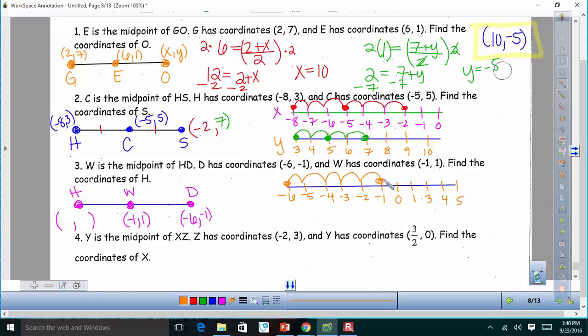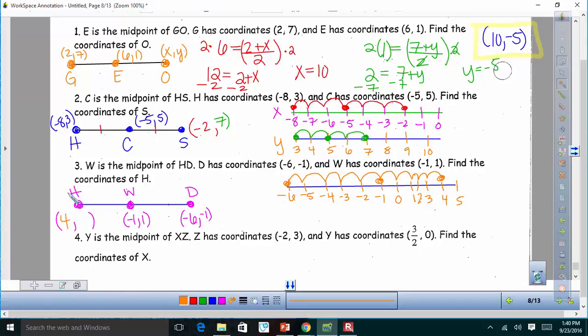Okay, so then if we hopped 5 from negative 1, where would we land? We went from negative 6 to negative 1: 1, 2, 3, 4, 5. Then from negative 1, we still have to go 5, right? So 1, 2, 3. I missed 2, right? So we'd actually end up at 4. Okay? So our x would be 4.